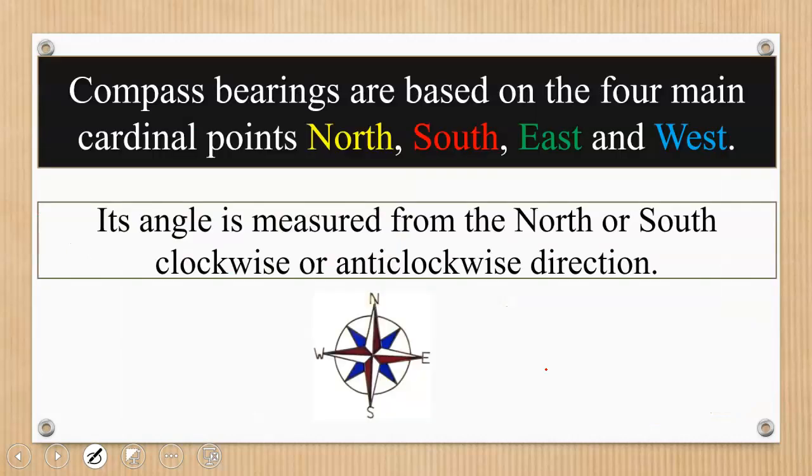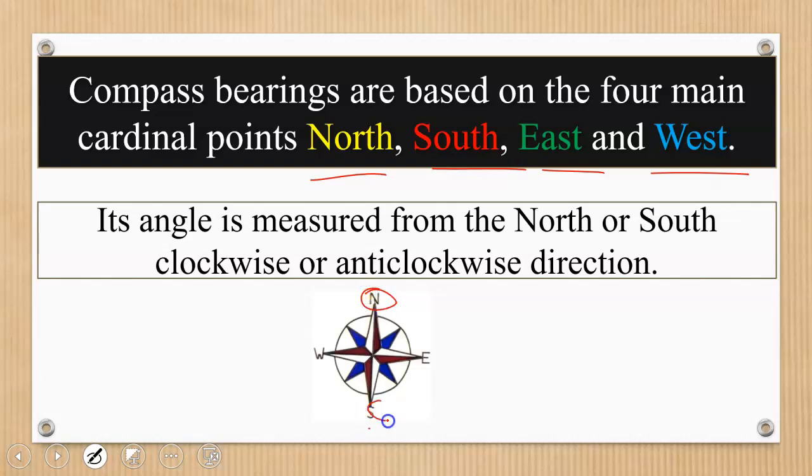All right. But then let me give you a brief understanding of the two types of bearings you have mentioned right now. We have what you call the compass bearings. Like I said, they are based on the four cardinal points: the north, south, east, and west. So we can see the cardinal points here.